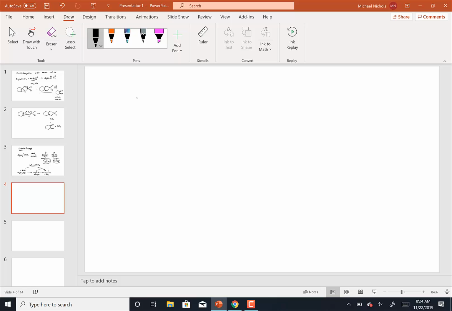So for instance, if I had that molecule and I said, let's go ahead and do oxidative cleavage by using KMnO4 and acid. The way I would write the product is I would again cleave the double bond.